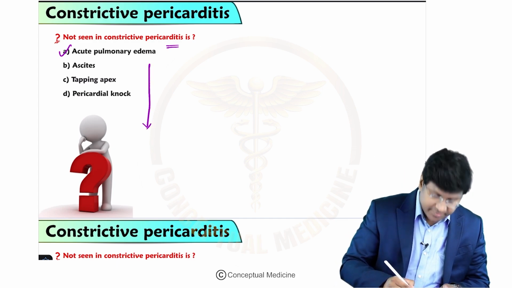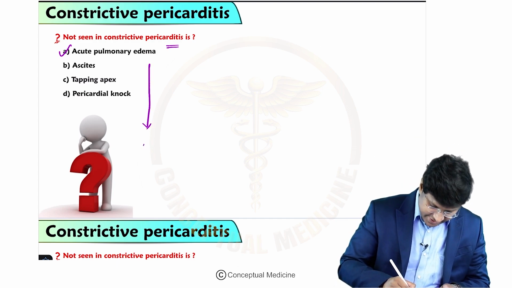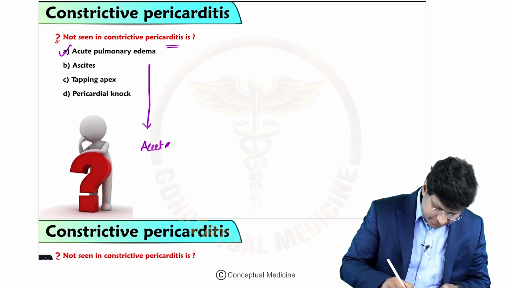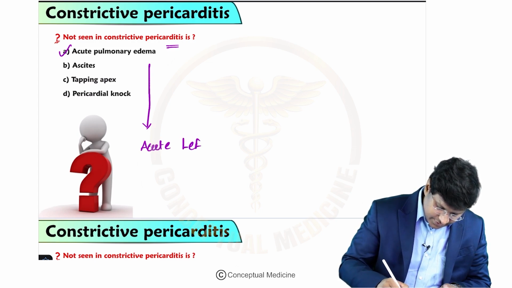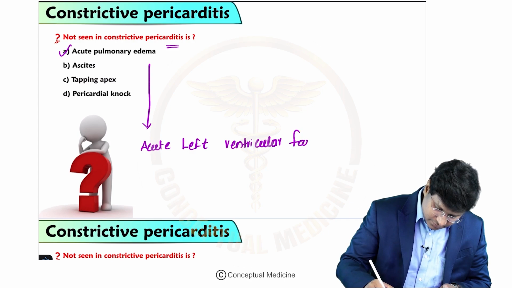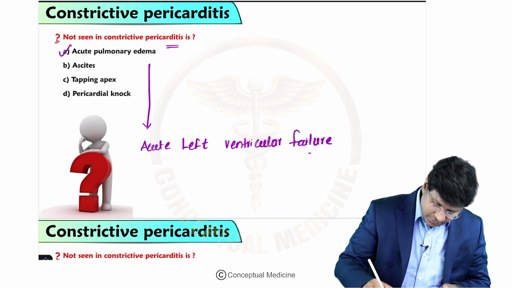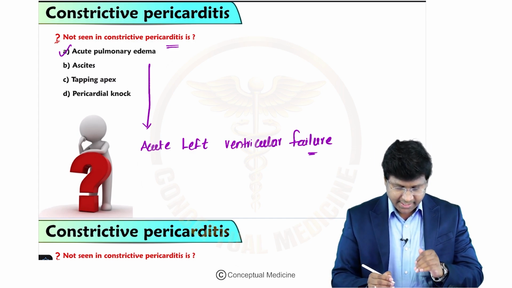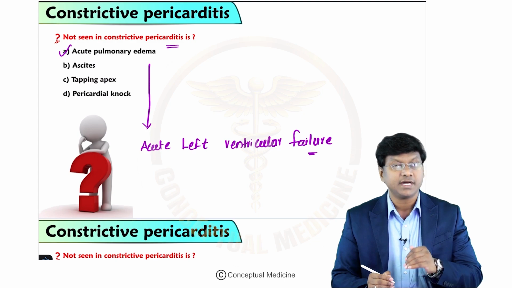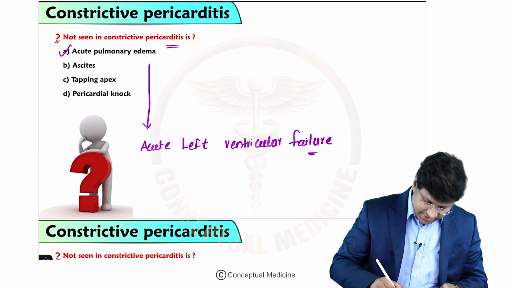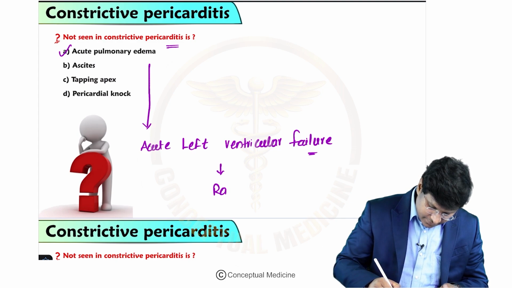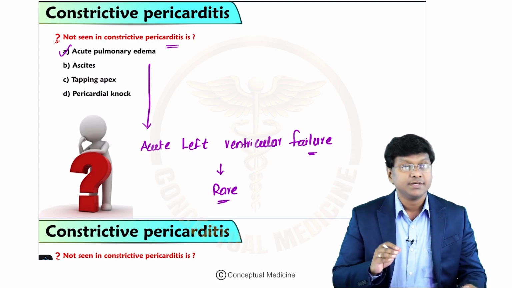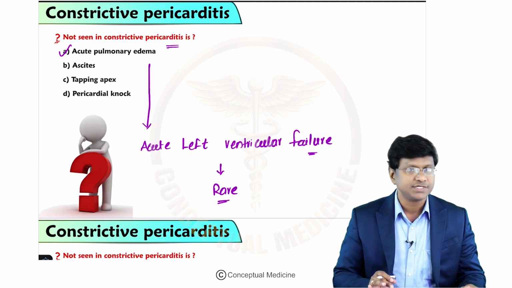Acute pulmonary edema is secondary to acute left ventricular failure, and this is a rare manifestation in constrictive pericarditis.